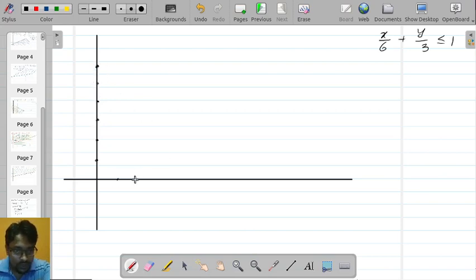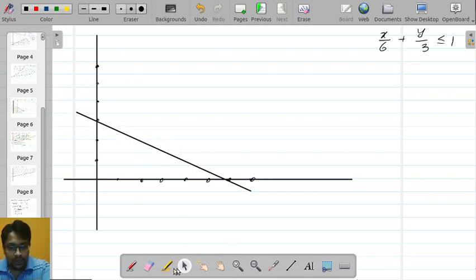So here also 1, 2, 3, 4, 5, 6, 7, like that. So this is x by 6 plus y by 3, and this is actually less than or equal to 1.